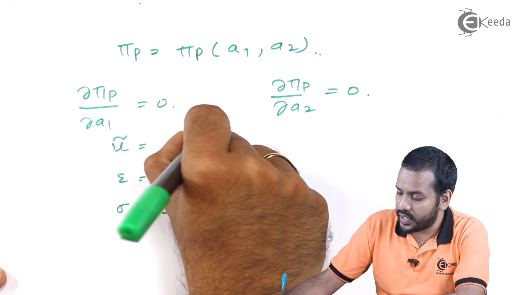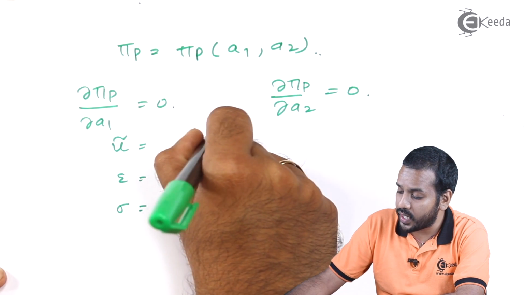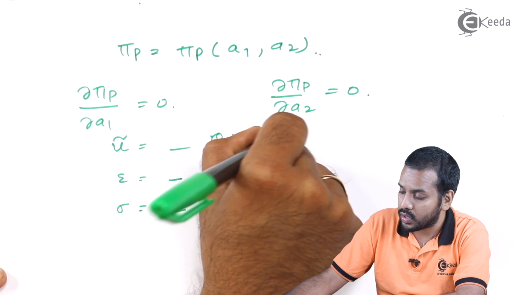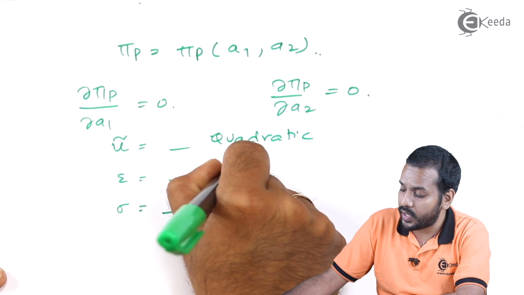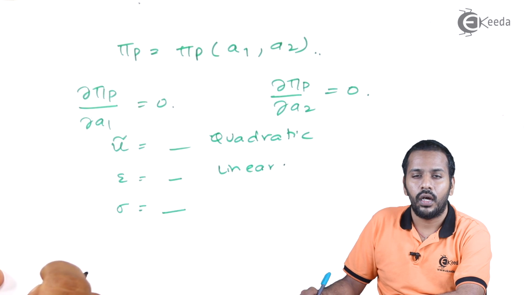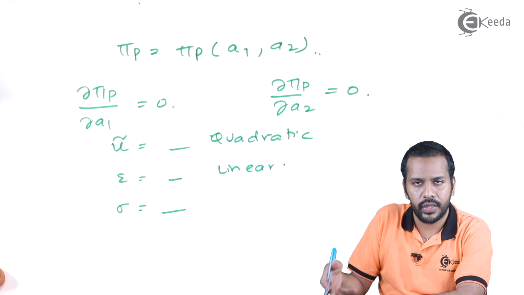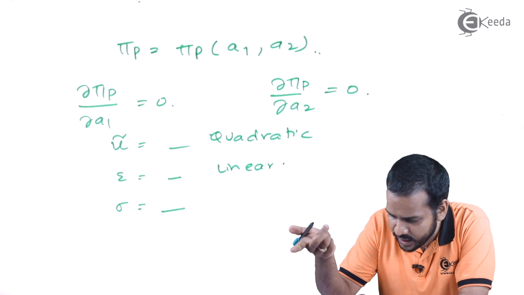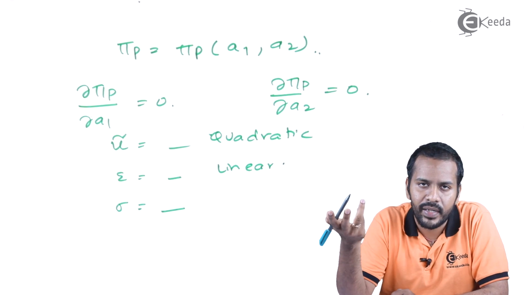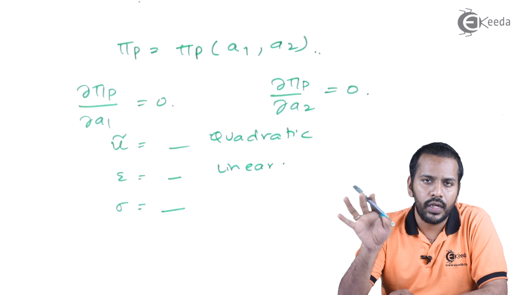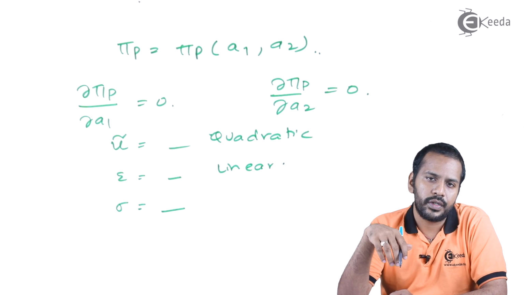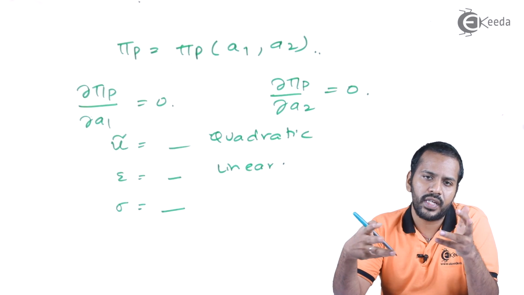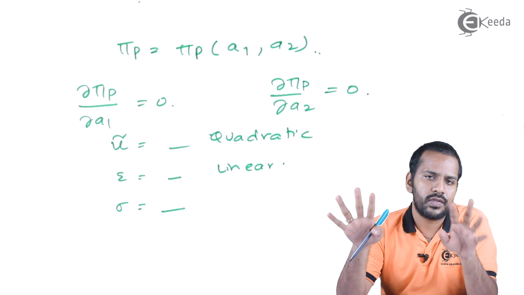So if you see your displacement, now here it will be quadratic and strain will be linear. That is, you are increasing one more order, so you are fitting the displacement with some more accurate polynomial basically. So obviously the solution will approach your exact solution. That is, if you increase the number of terms, obviously you will approach the exact solution.